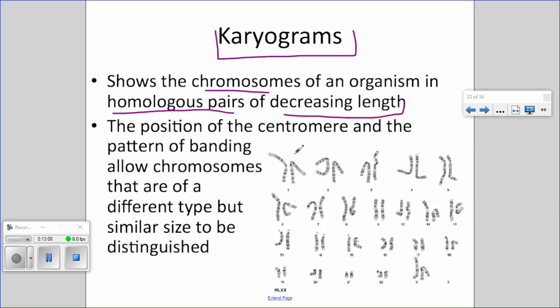So a karyogram will take all those chromosomes, it will pair up the homologous chromosomes, the ones with the same gene sequences, same lengths, and a centromere in the same position, and order them from longest all the way down to shortest with the sex chromosomes at the end. Now, the position of the centromere and the pattern of banding allows chromosomes that are of a different type but similar size to be distinguished. So the banding pattern, the position of the centromere, and the length are all distinguishing features.